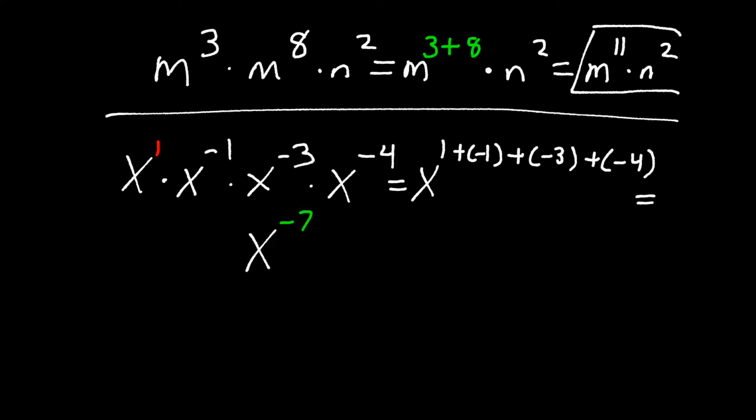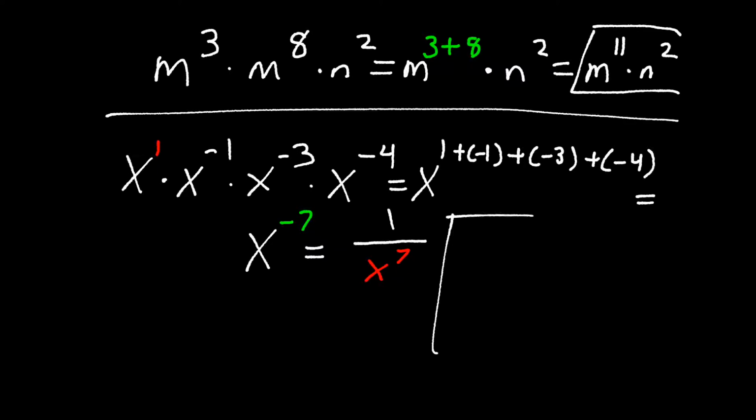And what happens when we have a negative exponent? Well, we turn it into a fraction, where the base that the negative exponent is attached to moves to the denominator, and the exponent turns from negative to positive. Since there was nothing in front of our x here besides a 1, it becomes 1 over x to the 7th.